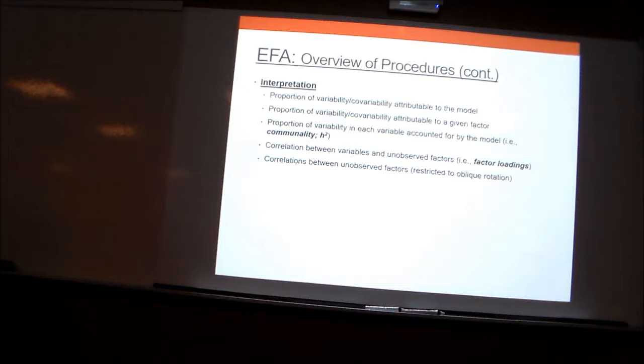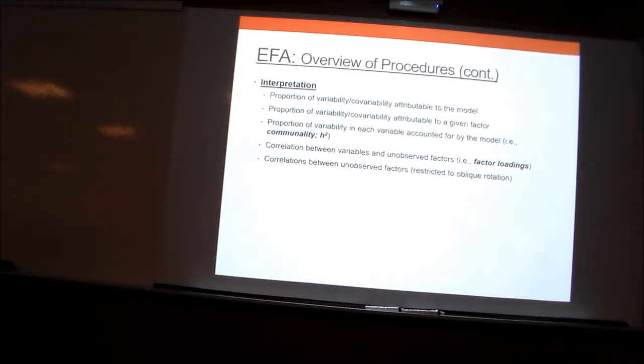Proportion of variability in each indicator or item accounted for by the model, right? This is going to be a communality, right? If my model is good and my solution is doing a good job accounting for variability in item 1, I should see a high proportion of variability in item 1 being accounted for by my solution, right? If my solution doesn't account for a good deal of variability in item 1, either my solution's no good or maybe item 1 is no good. These are the things we have to think about.